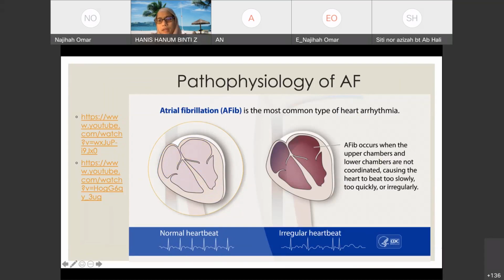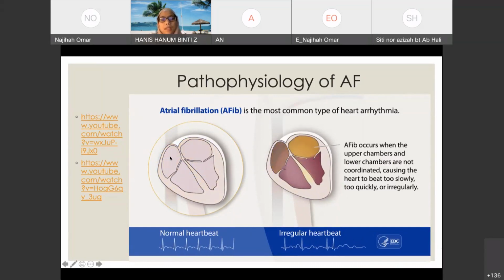Now, the pathophysiology of AF, like I said, I've asked you to look at the videos, but in essence, what happens in AF? This is your normal heartbeat, okay, where your electrical conduction is being controlled by the SA node over here. Okay, what happens in AF is that the upper chambers and the lower chambers, they are not coordinated.